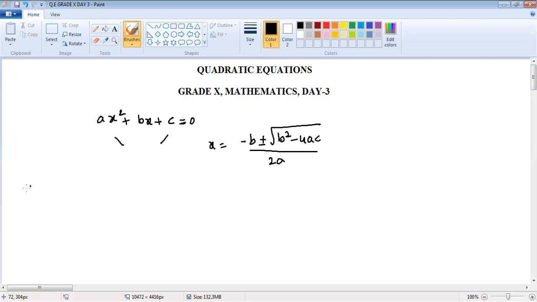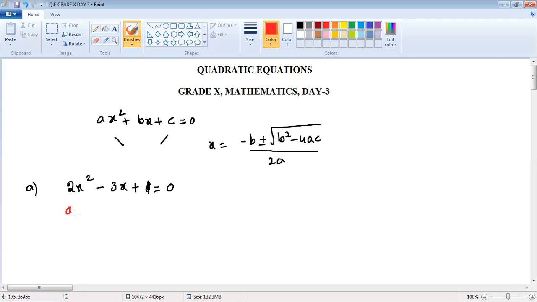Now let us do one question on this: 2x square minus 3x plus 1 is equal to 0. Let us take one simple one, and then I can apply the quadratic formula and simplify.